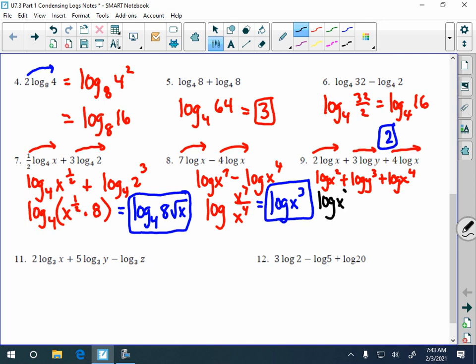So log x squared times y cubed times x^4. Because we have two x's with the same base, we can combine those, x squared times x to the 4th. And when we multiply, we add exponents. So we get log x to the 6th, y to the 3rd. That's just simplifying it down.